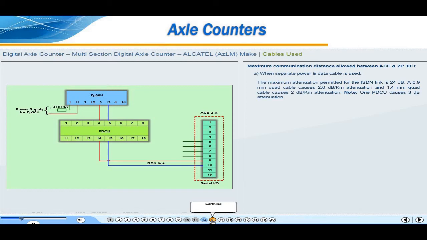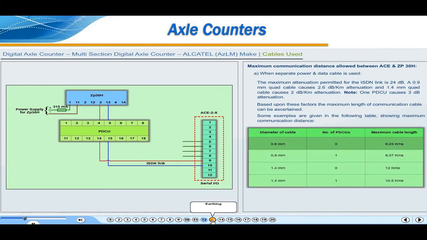Note: 1 PDCU causes 3 decibel attenuation. Based upon these factors, the maximum length of communication cable can be ascertained. Some examples are given in the following table, showing maximum communication distance.